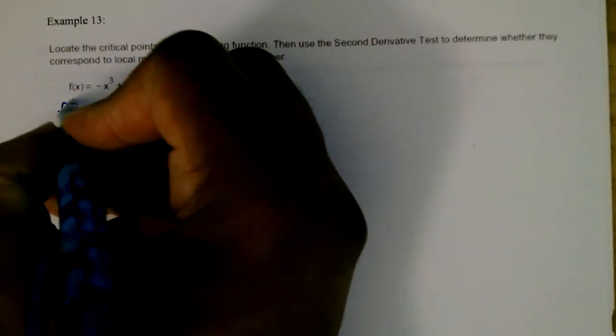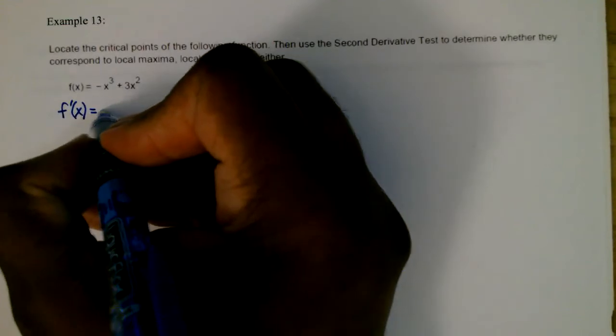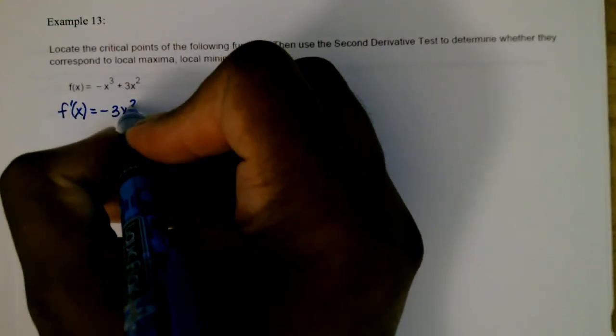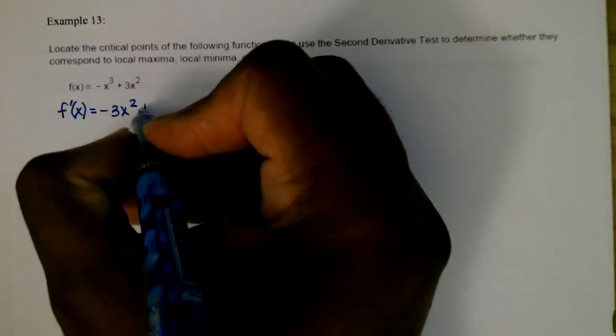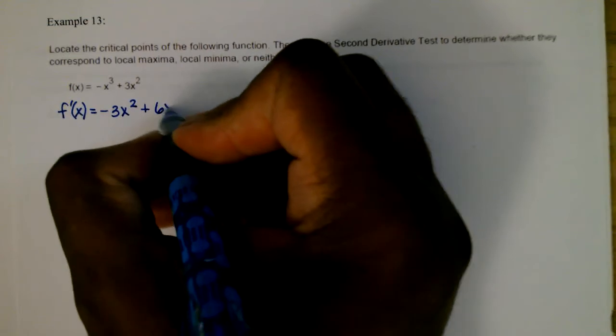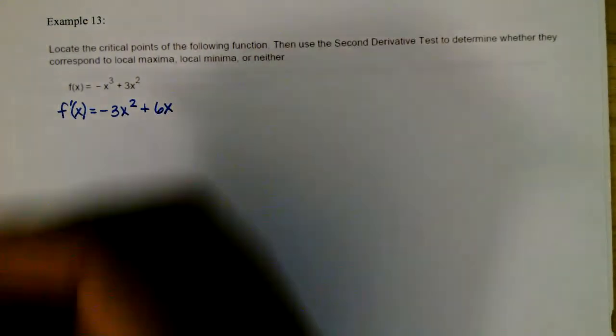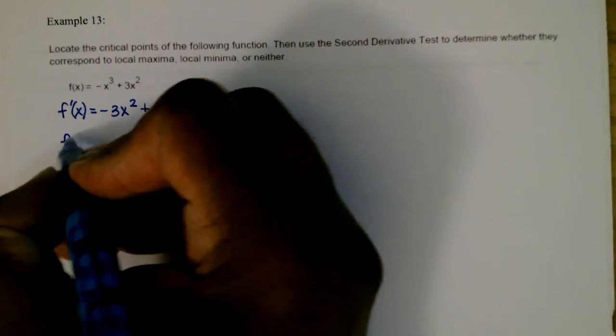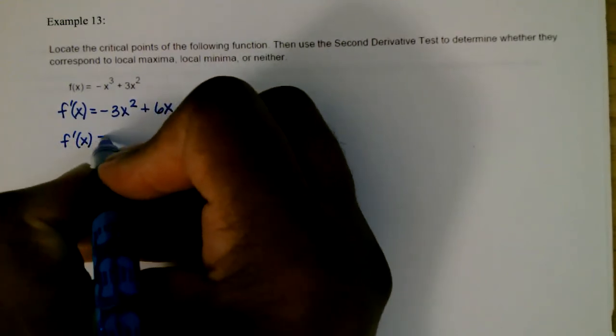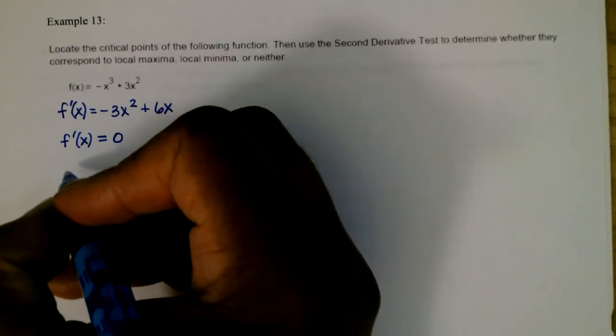So we do f prime of x. The derivative of negative x cubed would be negative 3x squared, plus the derivative of 3x squared would be 6x. And then we set f prime of x to be equal to 0.